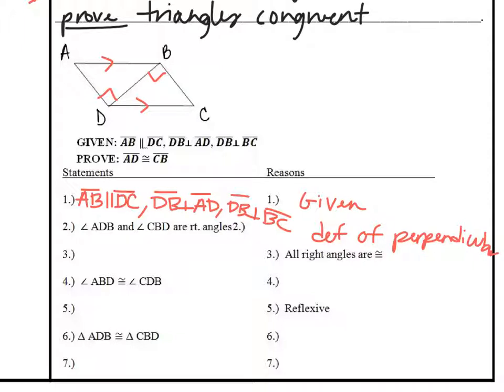So we've done several proofs like this now. Reese, what am I going to put in the statement section? I know that I have right angles because of the definition of perpendicular. What can I do with those right angles now? Someone help them out? Aubrey?